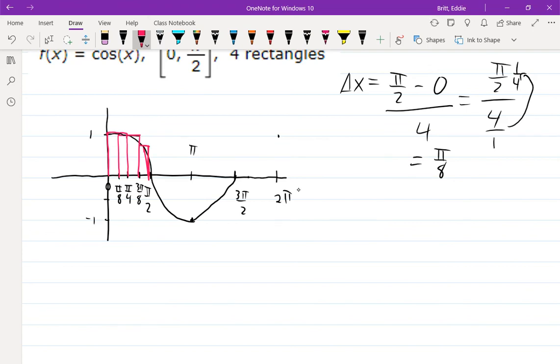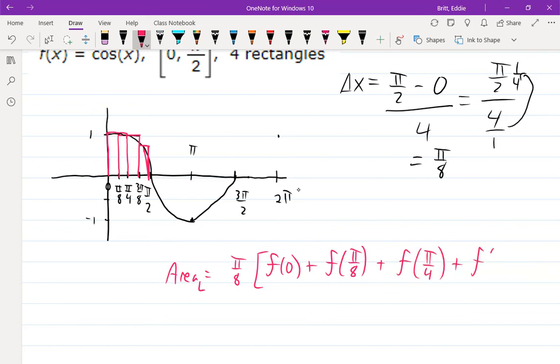All right, so we know that the width, and this is going to be with the left endpoint, I'll say sub L. We know the width is going to be pi over 8. And then, since we start at the left endpoint, I'm going to say f of 0 plus f of pi over 8 will give me the height of the next rectangle, plus f of pi over 4 plus f of 3 pi over 8.